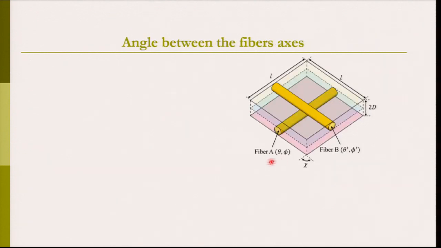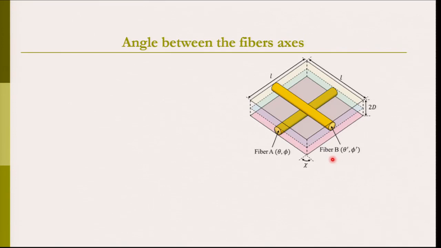Let us say there are two fibers A and B. Fiber A has an out of plane orientation angle theta and phi is the in plane orientation angle. Fiber B has an out of plane orientation angle theta dash and in plane orientation angle phi dash, and the angle between the axes of these two fibers is chi, which is shown here.